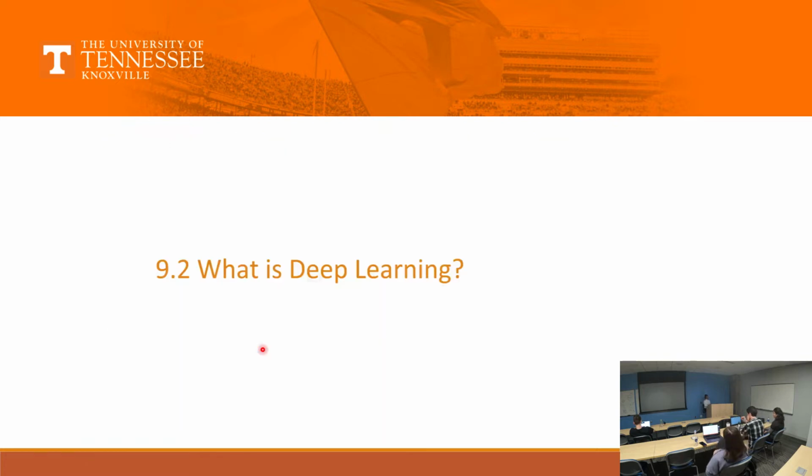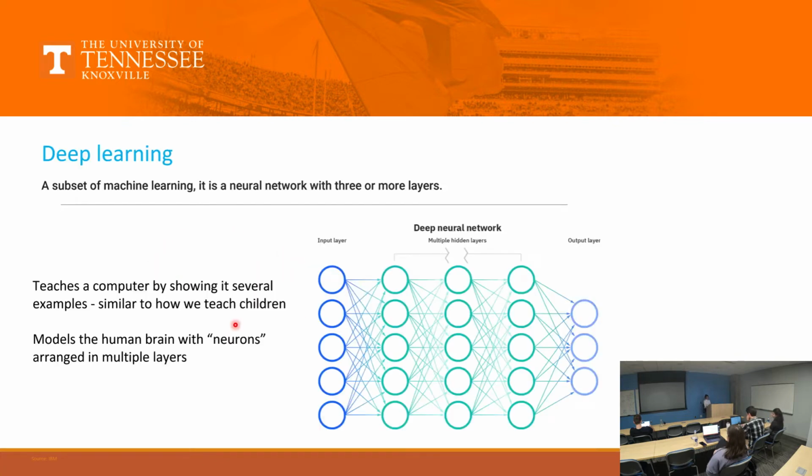Now we come to the task: what is deep learning? This lecture is extremely important because you will go through what exactly a neuron is, and this will develop a very strong thought process for all of you. So, what is deep learning?